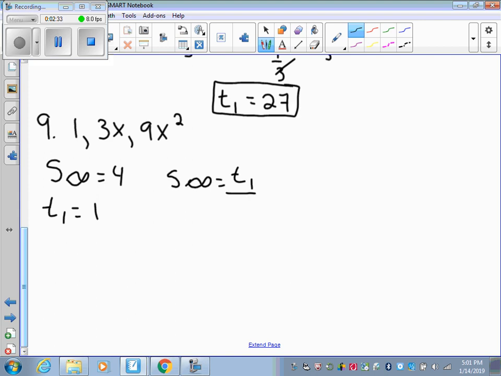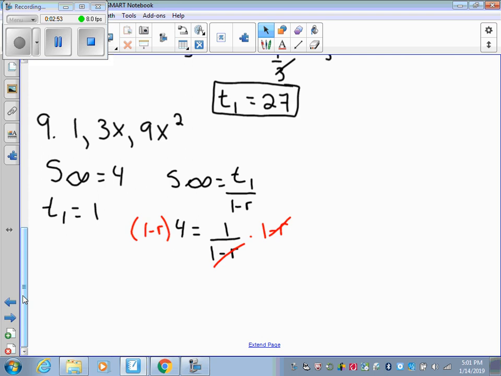T1 over 1 minus R. Substitute what you know: T1 is 1, and 1 minus R. Since we don't know R, we move this whole piece over for right now. Multiply both sides by 1 minus R. So you're left with 1 minus R times 4 equals 1.